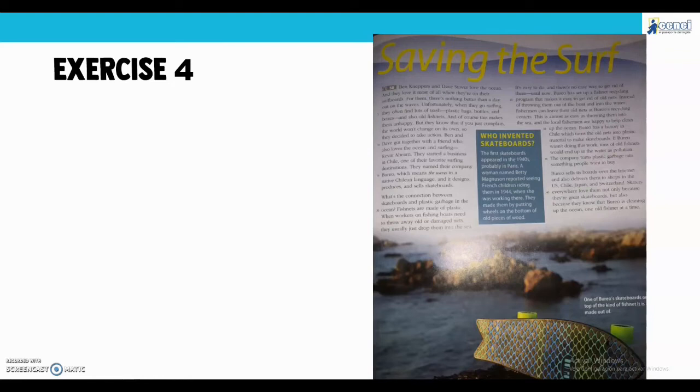Okay guys, now we're going to look at the words that can be found in the article, and these ones are surfboards, fishnets, skateboards, fishing boats, and fishermen. Now, do you know what they mean? I'm going to show you some images, and according to what you read and the pictures I'm going to show you, I want you to try to think about the meaning of each word.